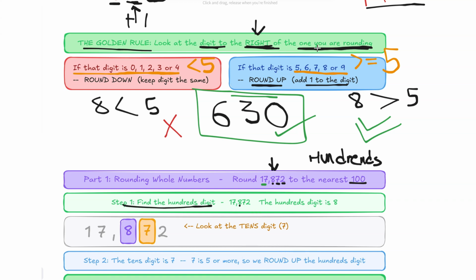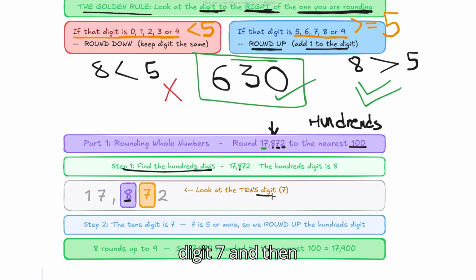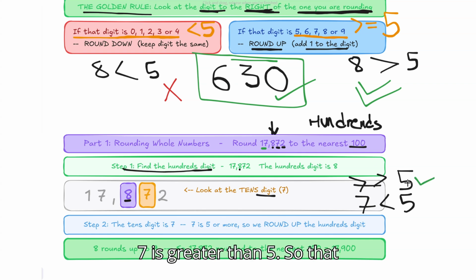The number on the right hand side of the 8 is 7. Now we take that digit 7 and compare it to 5. Is 7 greater than 5 or less than 5? 7 is greater than 5.